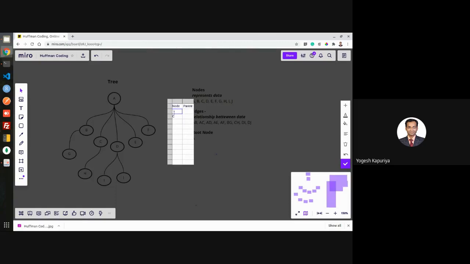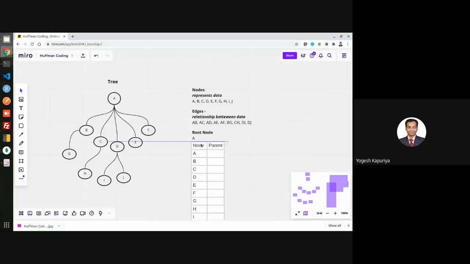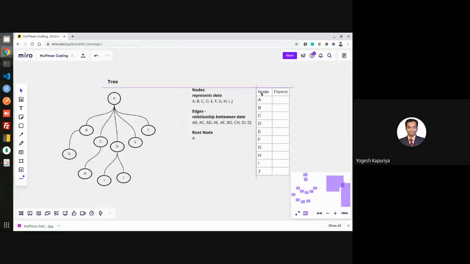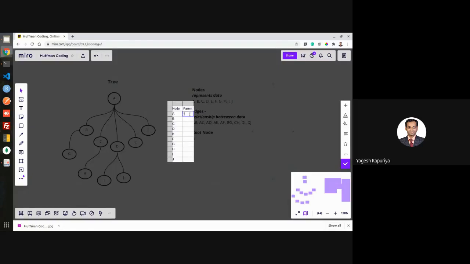Let us start from A only. So A, B, C, D, E, F, G, H, I, and J. These are the different nodes which are there in our tree, right? So now let us write down the parent. Parent means the node from which the node is being originated. So here parent of A, there is no parent of A.